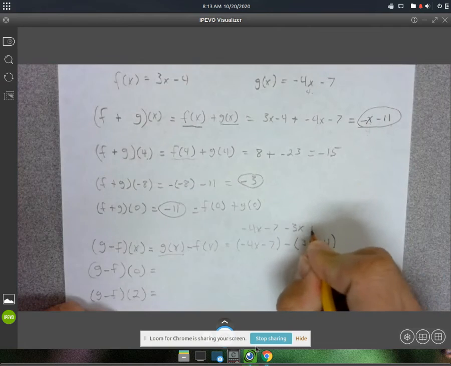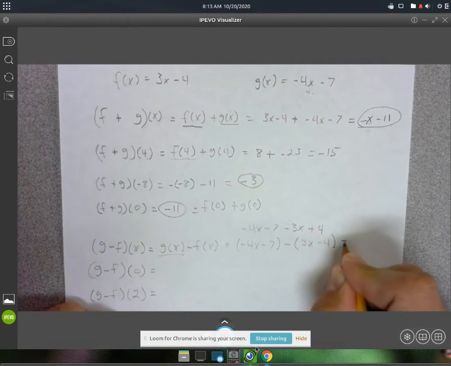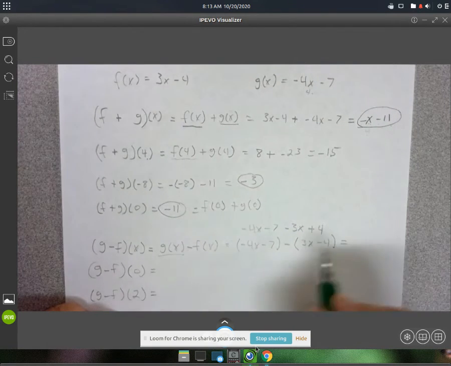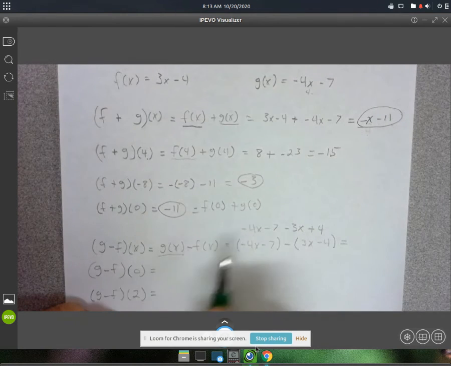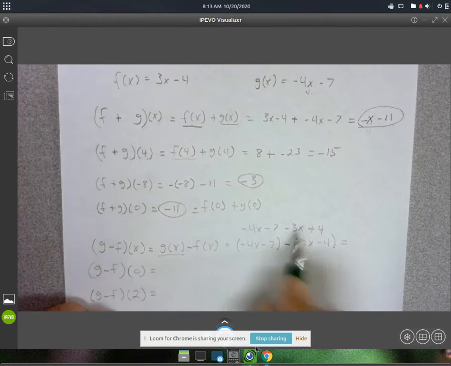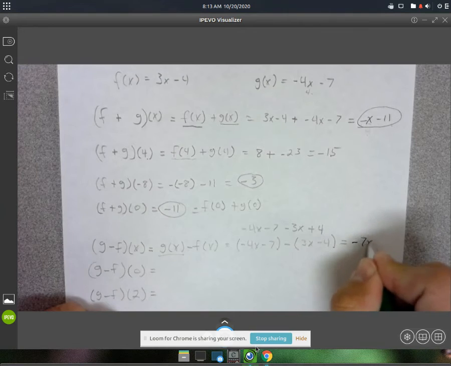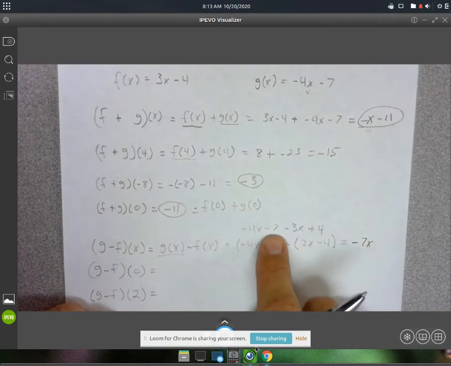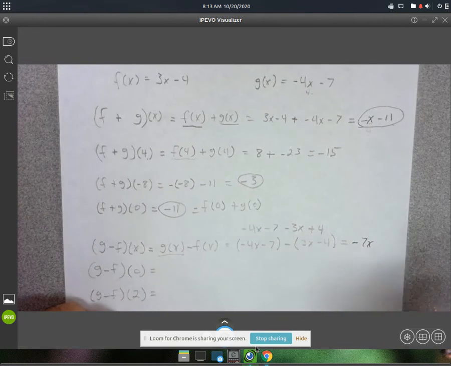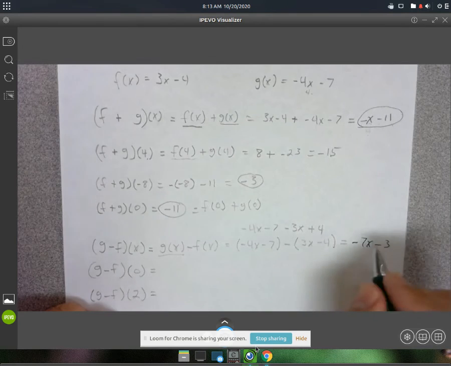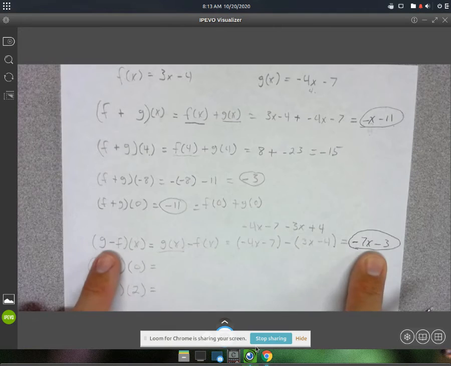So that becomes a plus 4. Now I'm just going to combine terms. So negative 4x and negative 3x make negative 7x. Negative 7 plus 4 is negative 3. So this is my g minus f function.